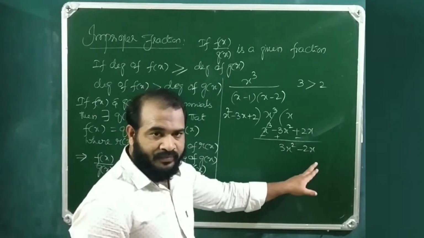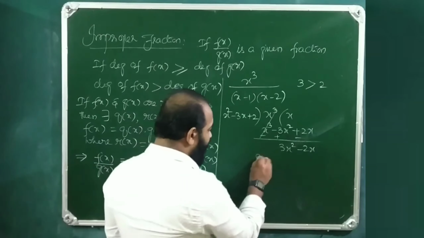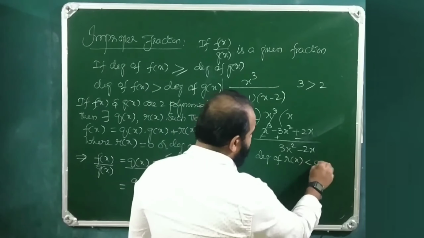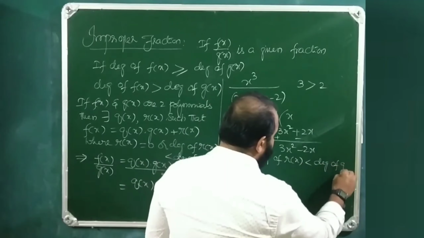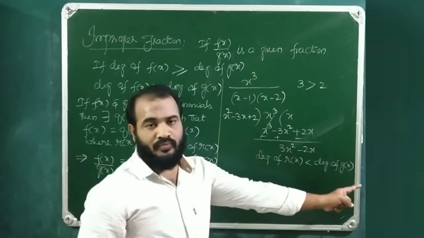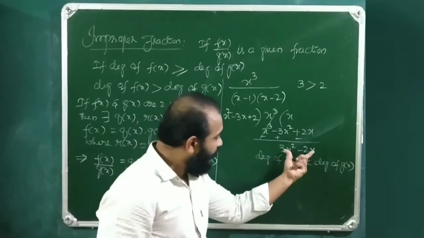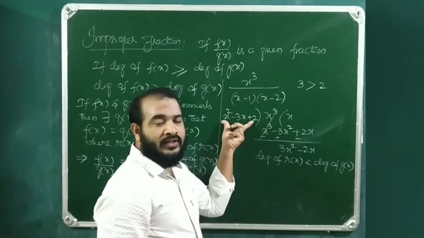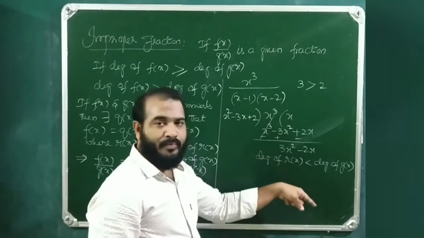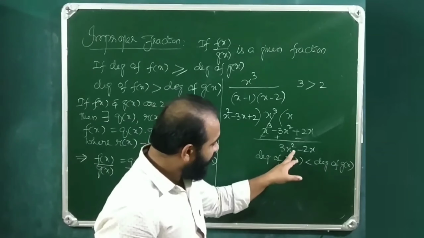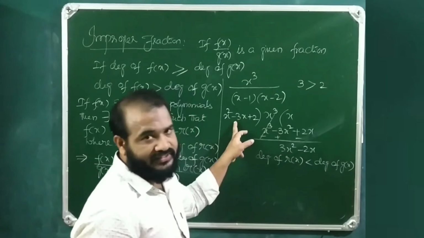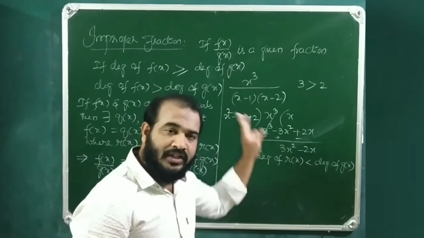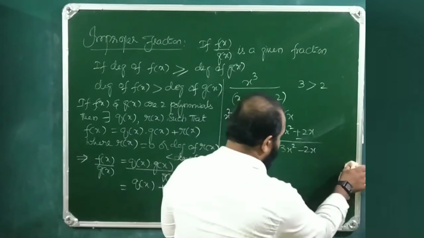As long as the degree of r of x is not less than the degree of g of x, we will continue. Until the degree of the remainder is less than the degree of g of x, we continue the process. Therefore, here, since the degrees of the remainder and g of x are equal, further division is possible. So let us divide.